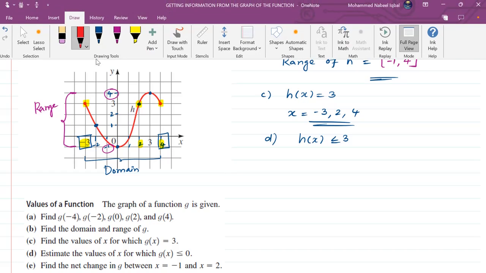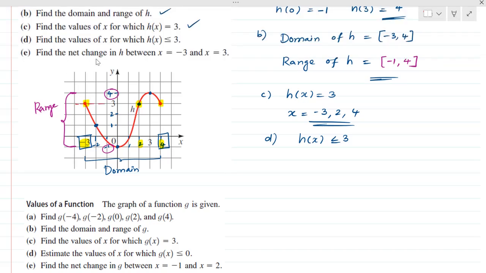H equals 3 is included, which means this line will be included. So it will take all the values from minus 3 to plus 2, because this is less than.